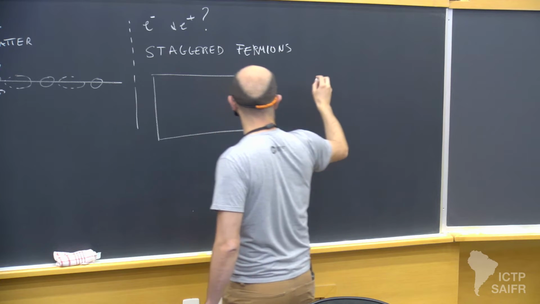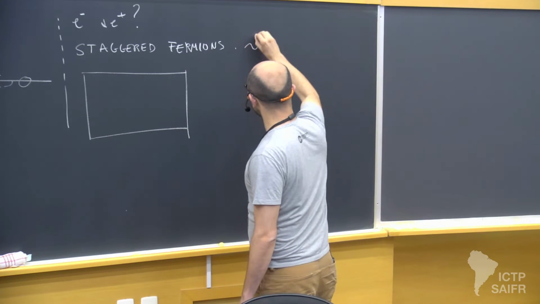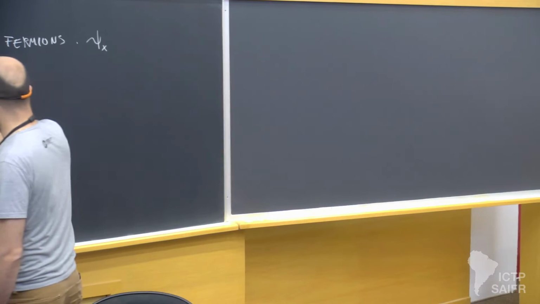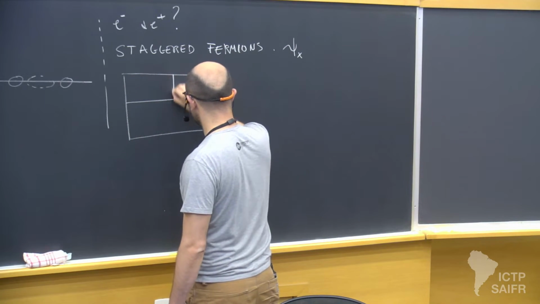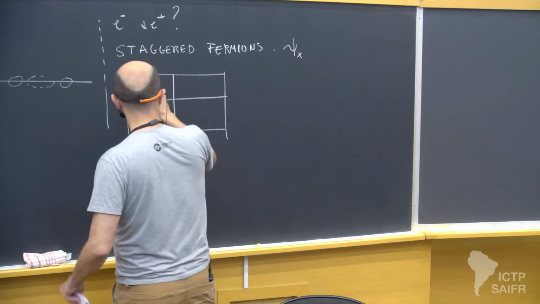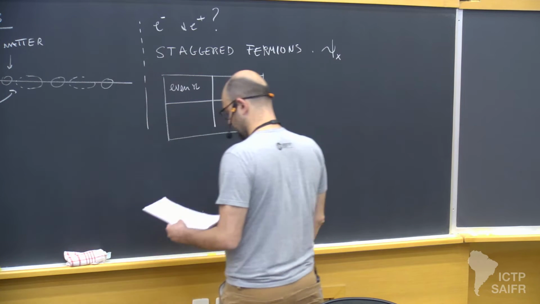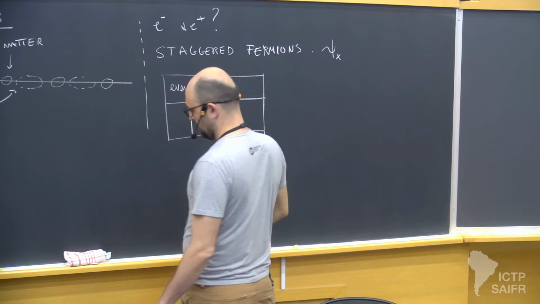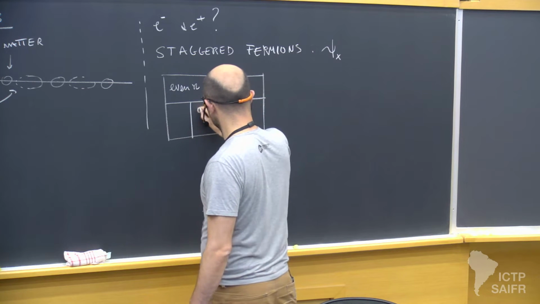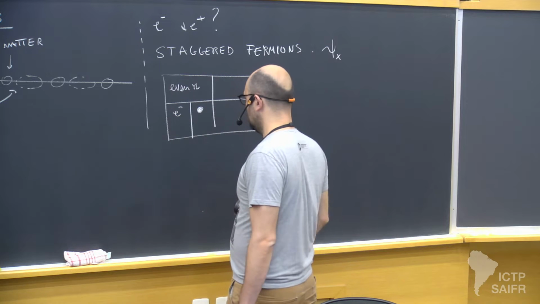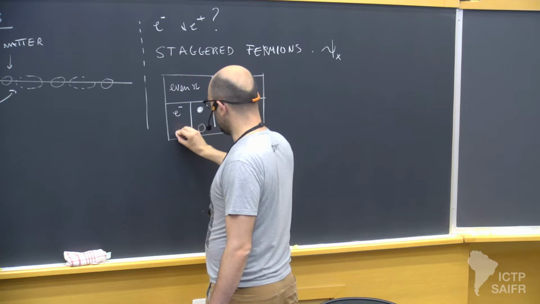We have a single field, psi, that lives at the site x. If the site is even, when the site is full, we have an electron, and when the site is empty, we have the vacuum.